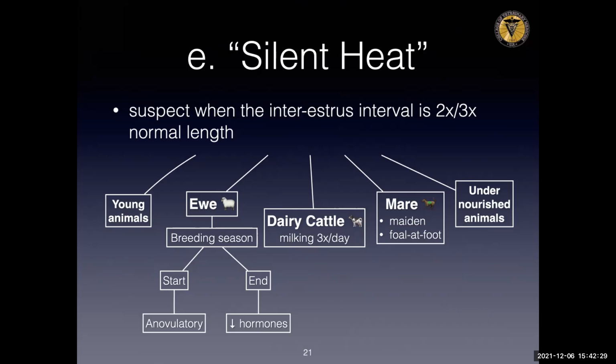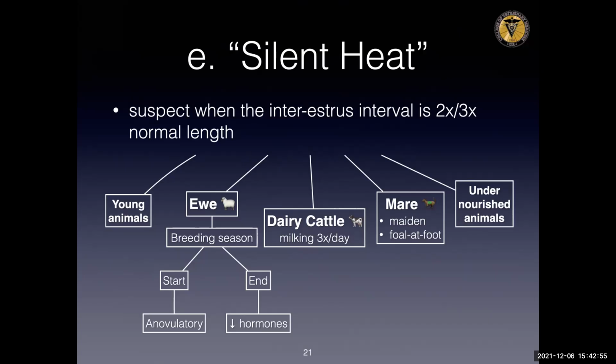And this is actually a problem with carabaos. That's why it's difficult to reproduce them as compared to cattle. Same as with the short estrus, this can also be exhibited by young animals because they're not totally sexually mature yet. That's why you cannot really expect them to manifest the typical estrus behavior.